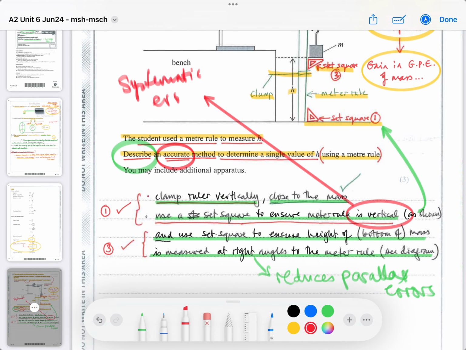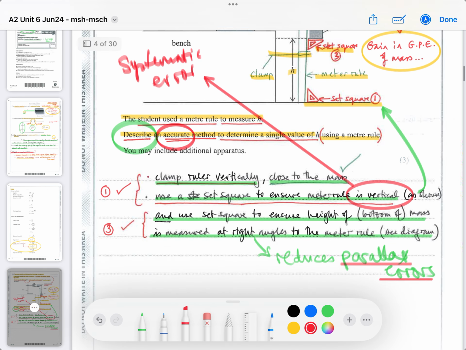And what does that mean? It means that you think you're measuring the height, but if it's not vertical, it's actually measuring a component of the height. If you think about your trigonometry, if it's at an angle to the floor, one is a systematic error, which will give you wrong values, and the other gives unreliable values in that they are parallax errors. Parallax errors give you unreliable data.